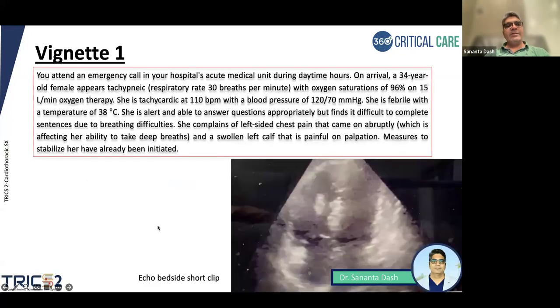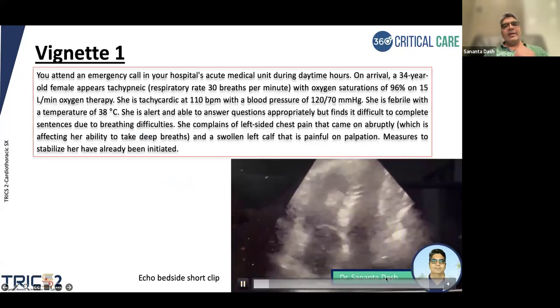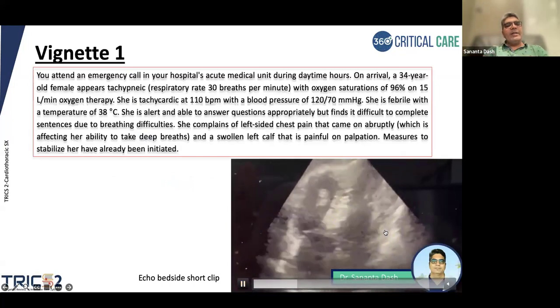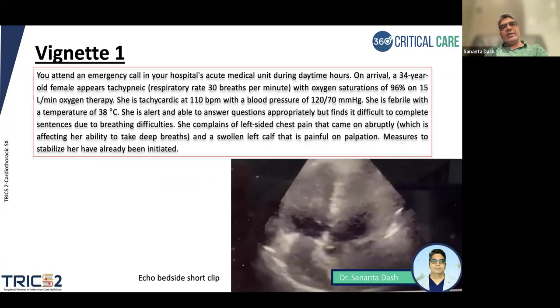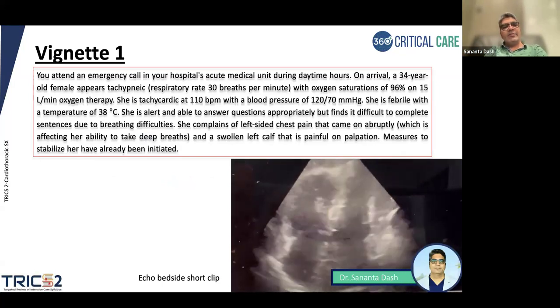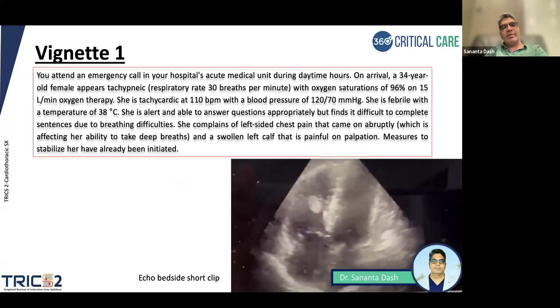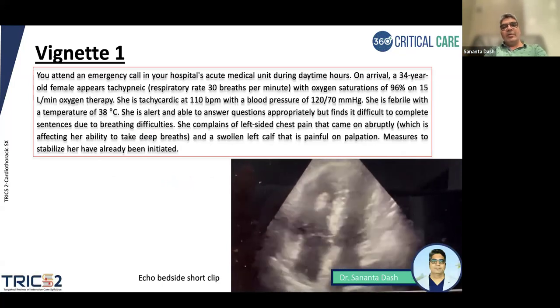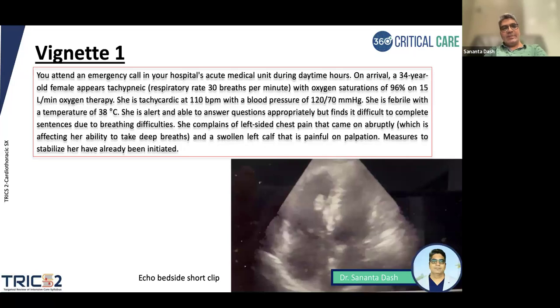All right, let's start. So this was the vignette earlier. You attended an emergency call in your hospital's acute medical unit during daytime hours, and on arrival, a 34-year-old female appears tachypneic with a breath rate of 30, with oxygen saturation of 96% on 15 liters of oxygen. She was tachycardic, blood pressure 120 by 70.